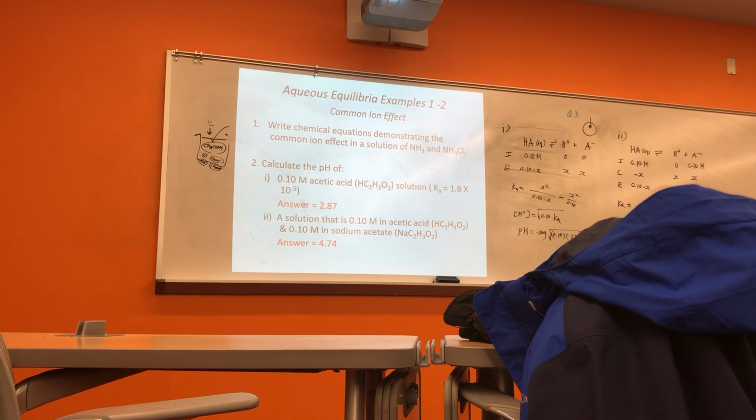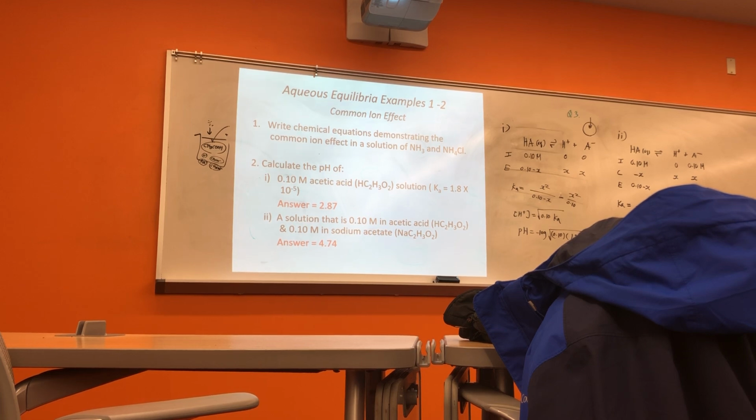So in the bottom I have 0.10. On the top this one also goes away. So 0.10 and I have X. So this cancels. It will be X. And X was the concentration of proton.